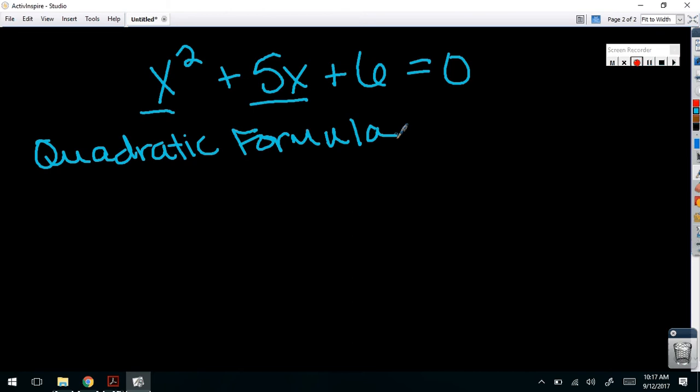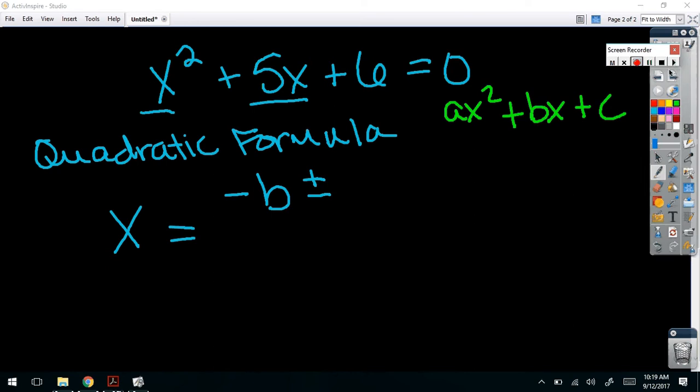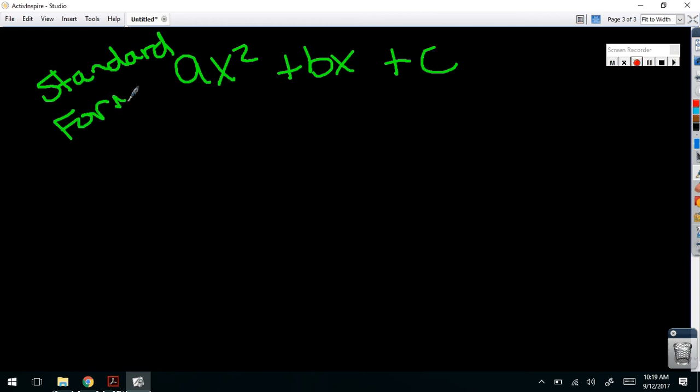All right. So if you look at the sheet, it looks like this, guys. Okay, so then let's go over here for just a second. ax squared plus bx plus c is the standard form of a quadratic equation, okay? Very important: standard form.